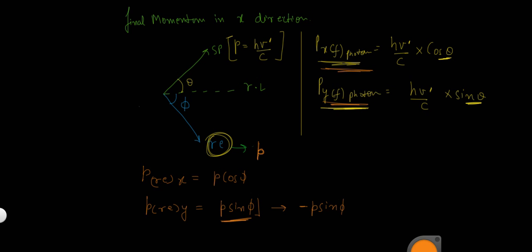So I'll sum this up by writing the final equations of conservation of momentum. I'll write the equation of conservation of momentum in x direction. Now I can write that as h nu divided by c is equal to h nu dash divided by c into cos of theta plus p cos phi. Let's say this is equation 1.